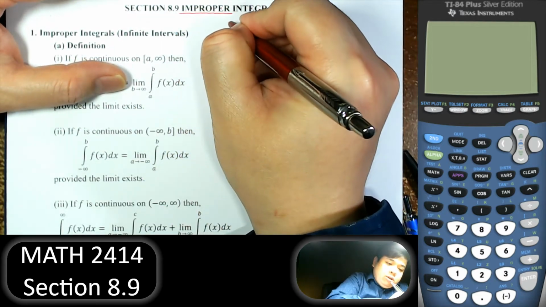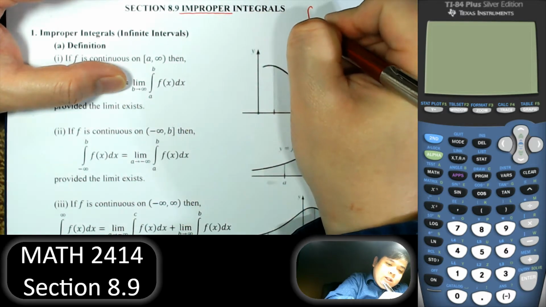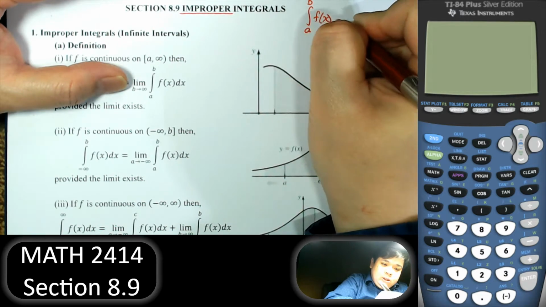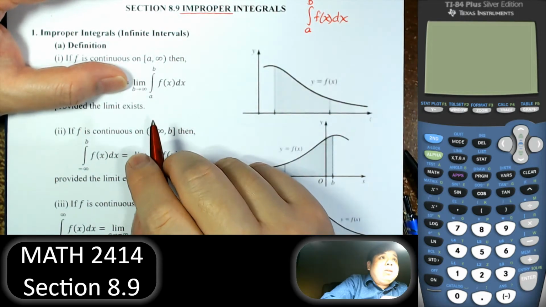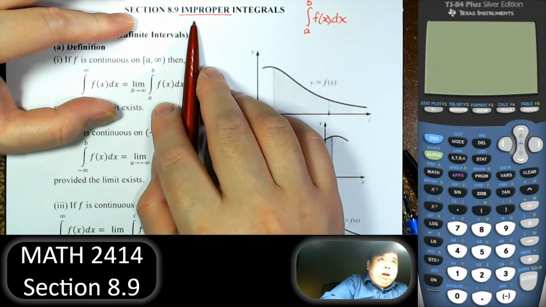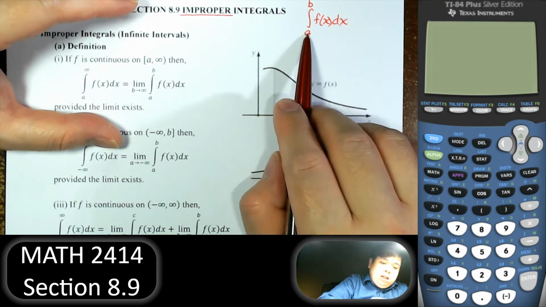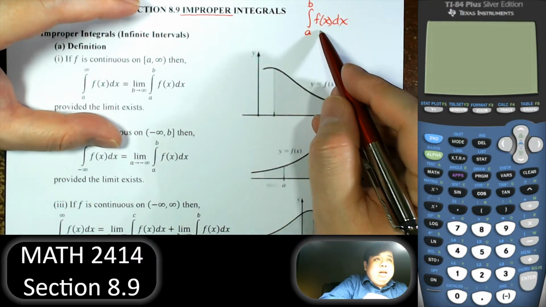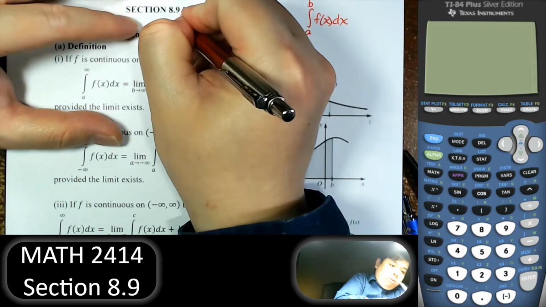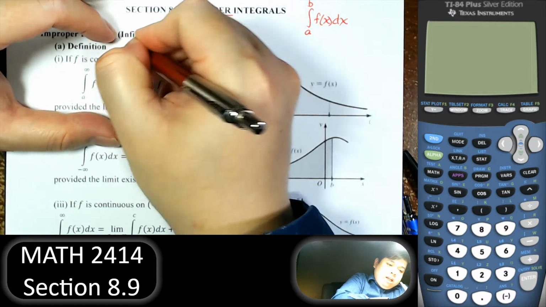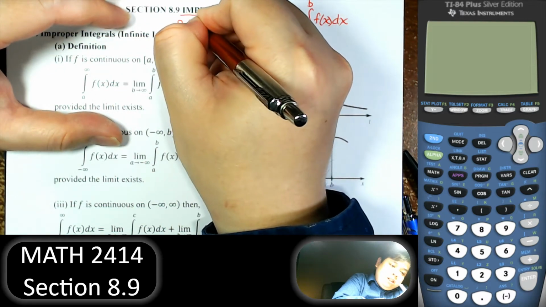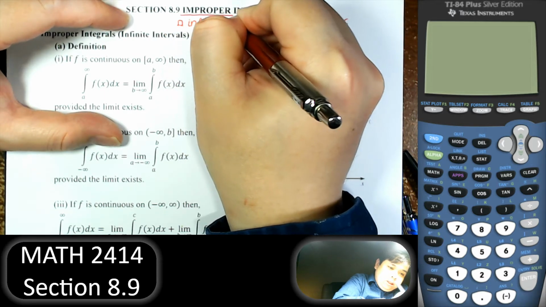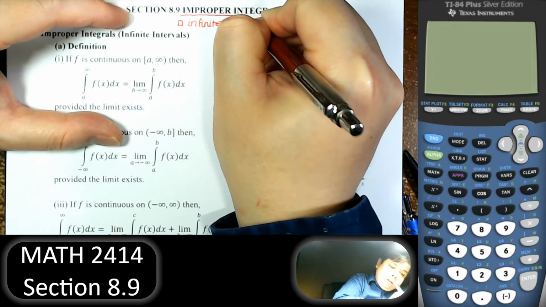So when we talk about a definite integral here, what makes it improper? One is the limits. There's a problem with the limit, and two, there will be a problem with the function. So the first one we have is due to the infinite interval.